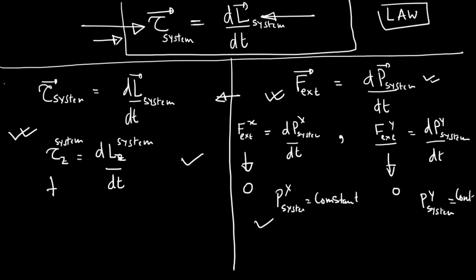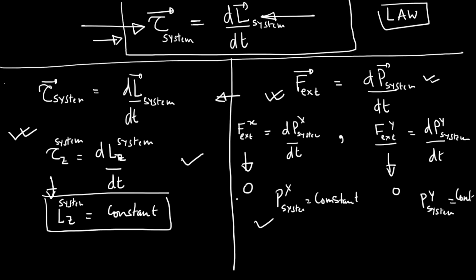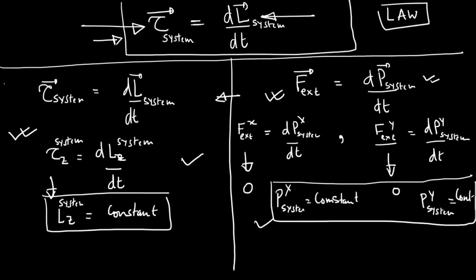And pretty much something similar happens if this tau happens to be 0. By now you will accept that it's a very powerful equation: Lz of the system, mind you, is constant. So this is going to be called the conservation of angular momentum, and this is going to be called the conservation of linear momentum. Extremely powerful equations, right?